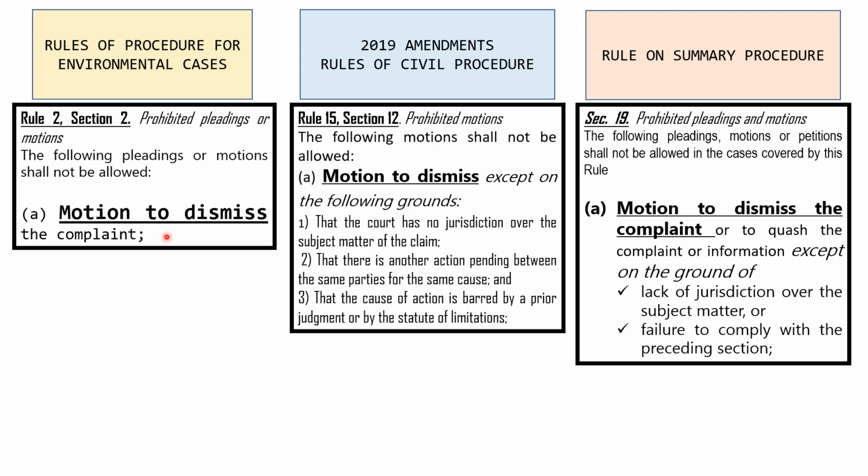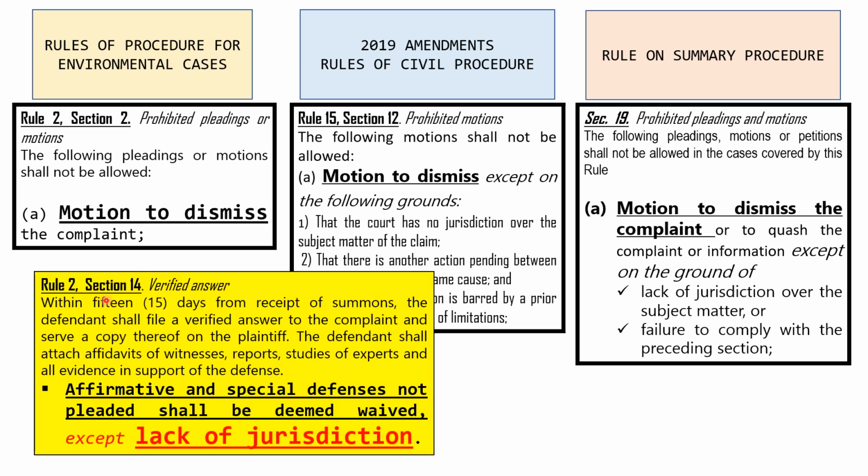So if you can see in the complaint that the court really has no jurisdiction, then what can you do, defendant? What the defendant can do is just to file his verified answer. And in his verified answer, he is going to plead that as a defense.